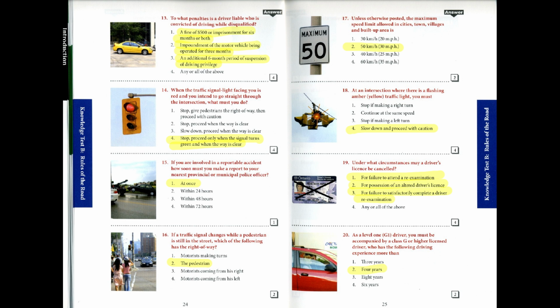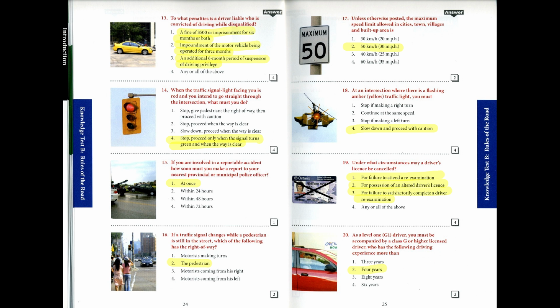Number 17. Unless otherwise posted, the maximum speed limit allowed in cities, town, villages, and built-up area is 50 km per hour. Number 18. At an intersection where there is a flashing amber, yellow, traffic light, you must slow down and proceed with caution.